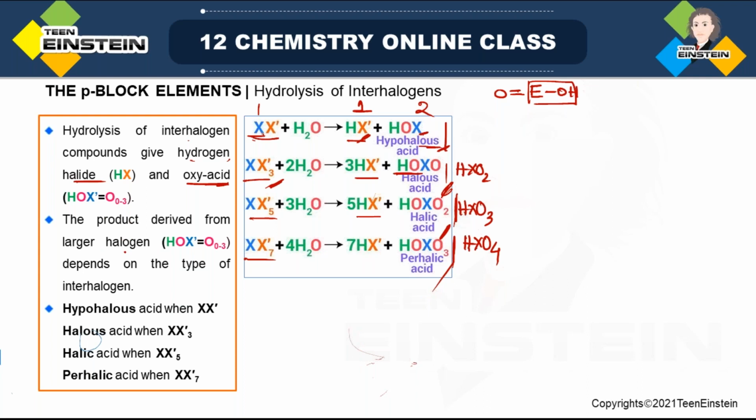The product derived from larger halogen, that is the blue halogen, will have the general formula of oxyacid like this. Sorry, there will be no X prime. X prime is for the orange one. Okay? So suppose the center halogen is X, and this formula is signifying there will be presence of double bonded oxygen, and on another side there is OH also.